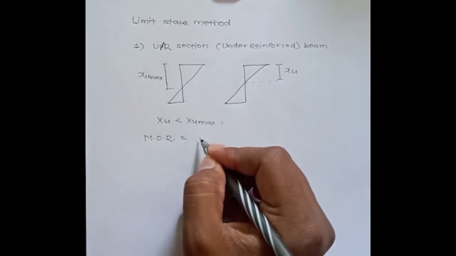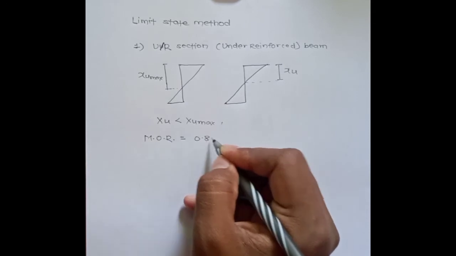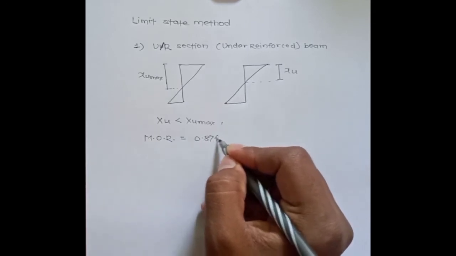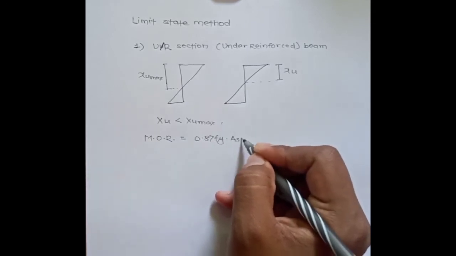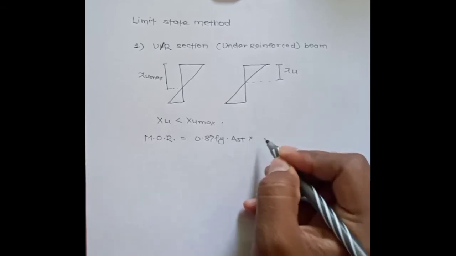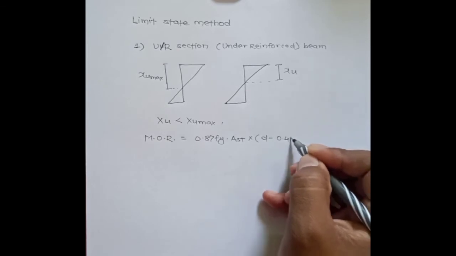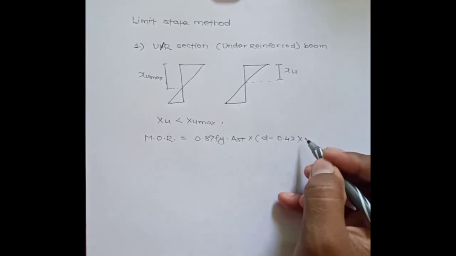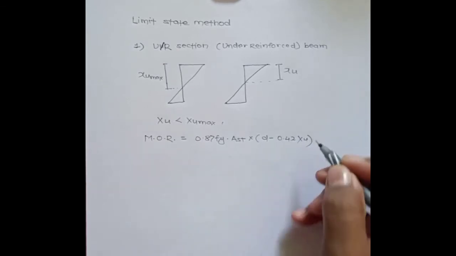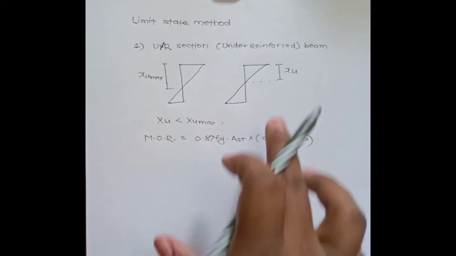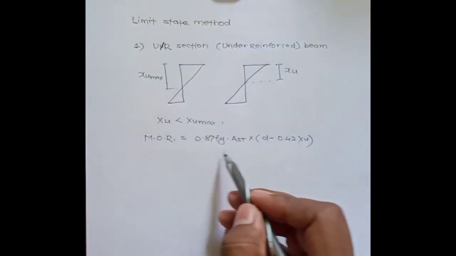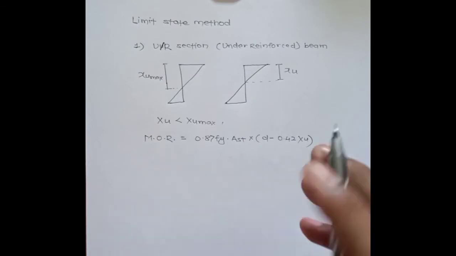What's the formula? The formula is 0.87 Fy into Ast into (d minus 0.42 XU). Whenever you get this condition, you can apply this formula to find the moment of resistance.